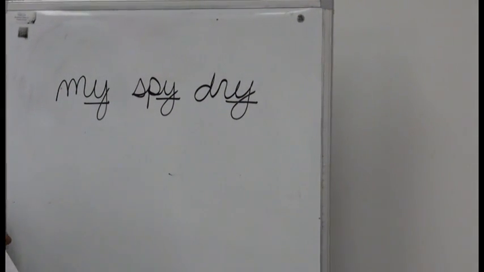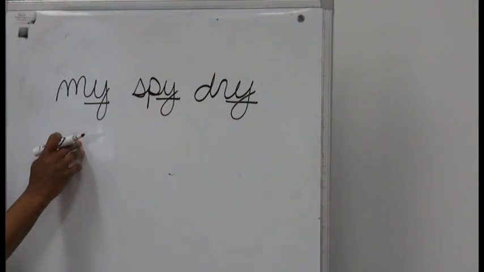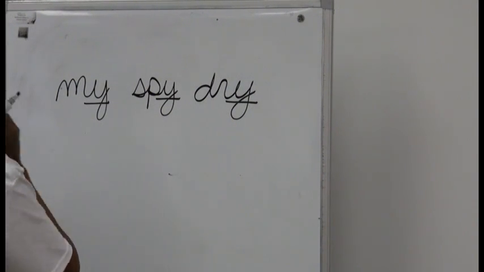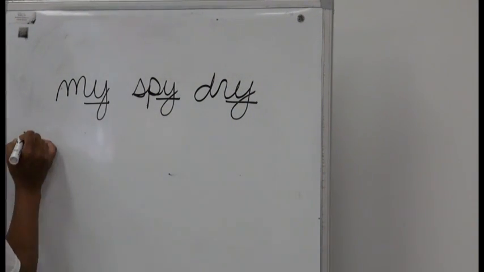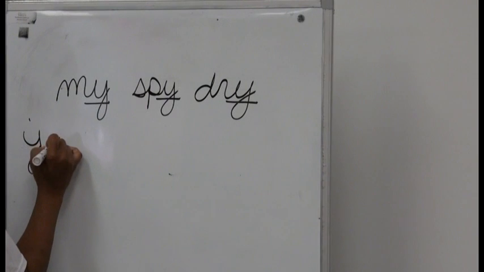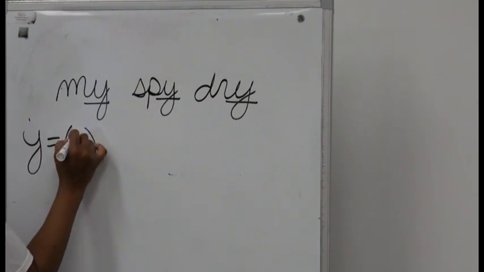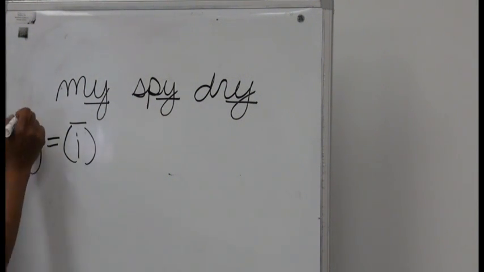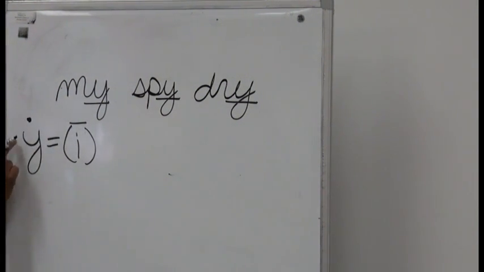Right, what we have in the final position is Y. And that Y is making the I sound. You see that? So when we have the letter Y in the final position, we call it a vowel Y, and we put a dot over it because it's a vowel.